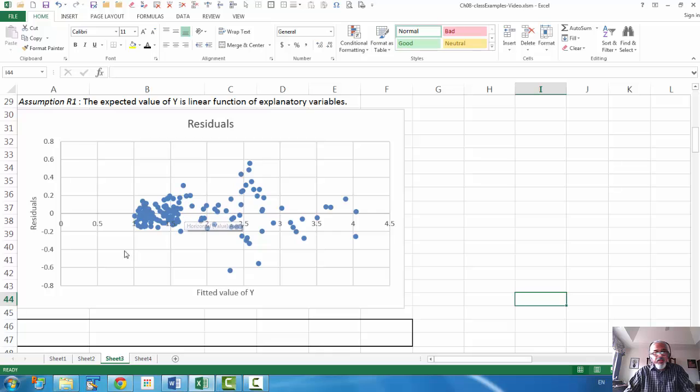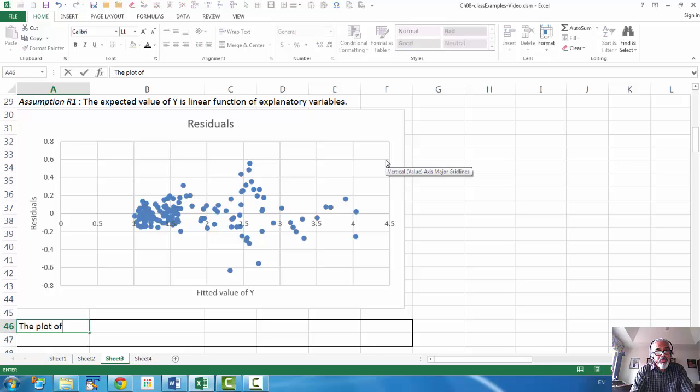So we can say that the plot of residuals is random and free of non-linear pattern, and therefore our R1 assumption is reasonable.